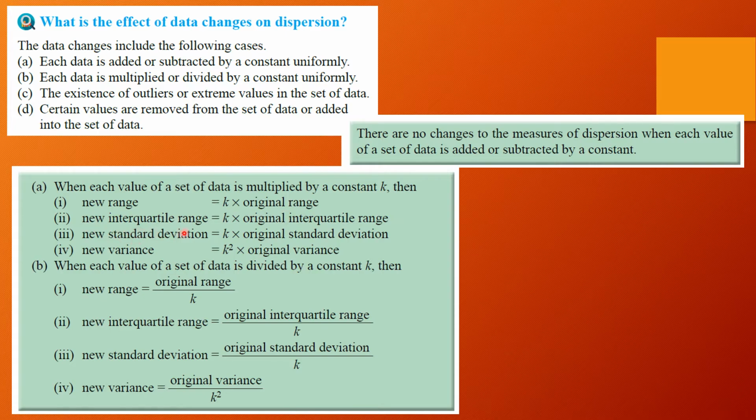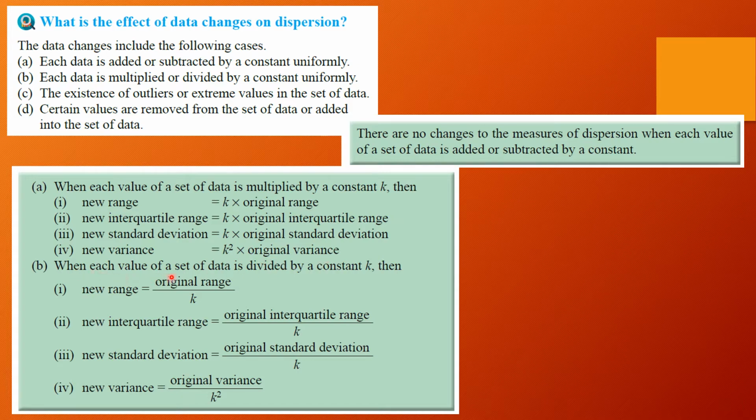The new interquartile range will be k times the original interquartile range. The new standard deviation equals k times the original standard deviation. The new variance will be equal to k squared times the original variance.